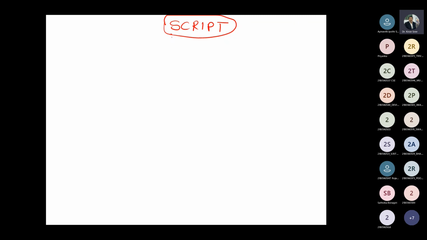Script is one way of representing the knowledge. Like I went to a restaurant, we can have different types of scenes. Like I enter into the restaurant, then I order something, then I consume something, I pay something. All this can be the scenes.